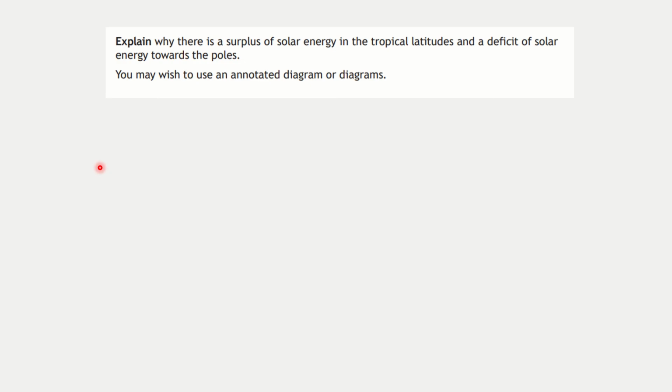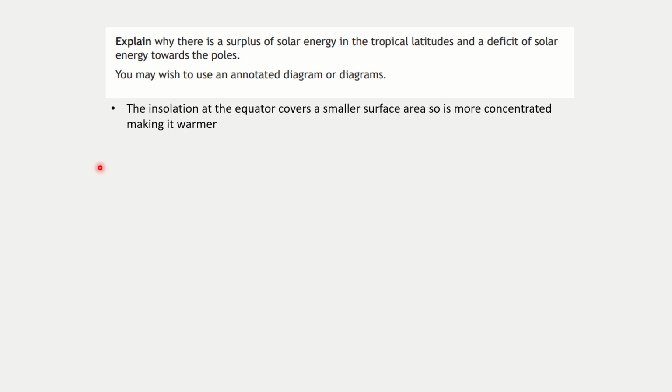Okay, now I'm going to move away from the diagram for a moment to explain why there is a surplus of solar energy in tropical latitudes, and this is the exact question that we're answering. Because there are some more points that I want to give.